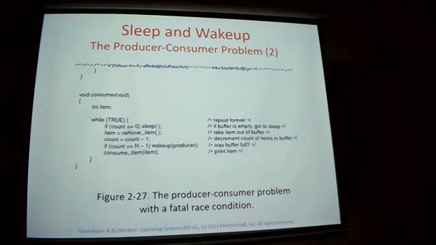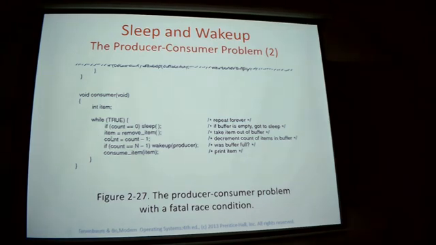So the consumer can't fetch any item. It must wait for the producer to generate at least one item. So now we just call the sleep function, and then the consumer will go to sleep.